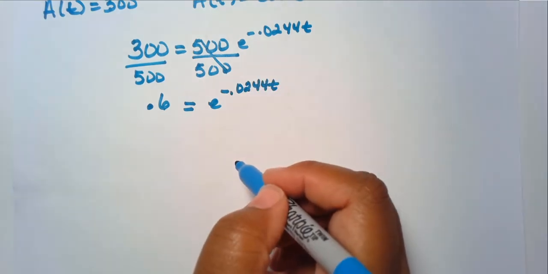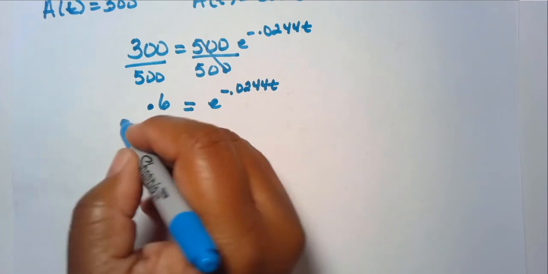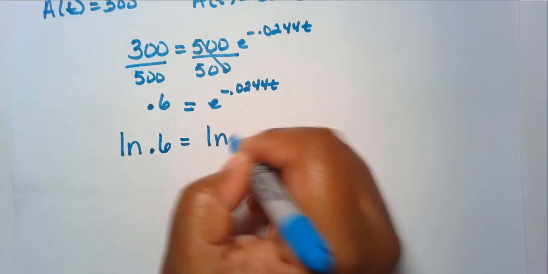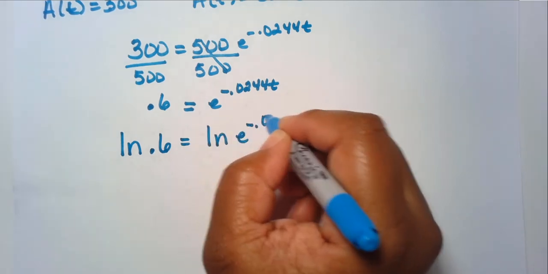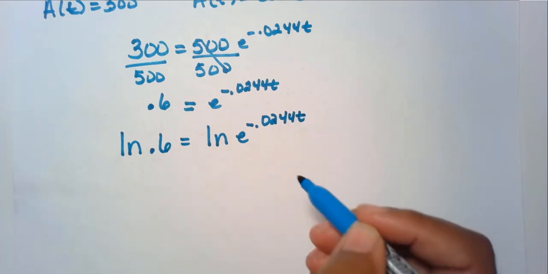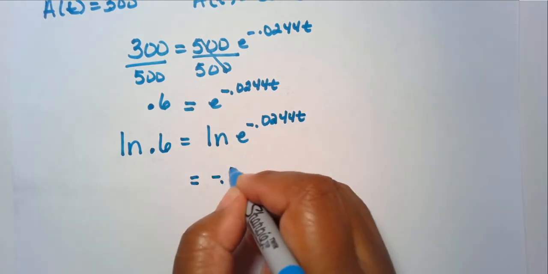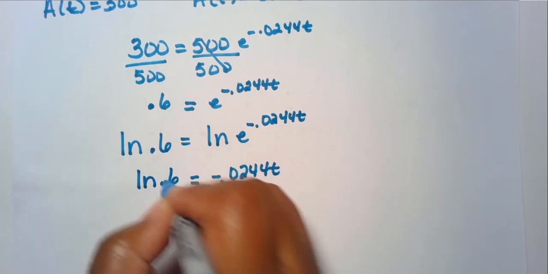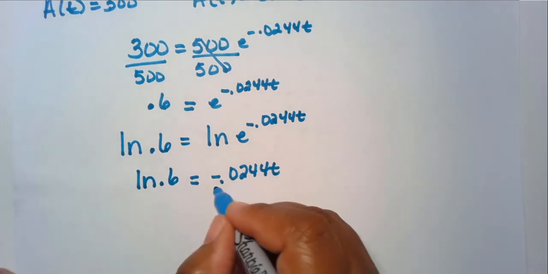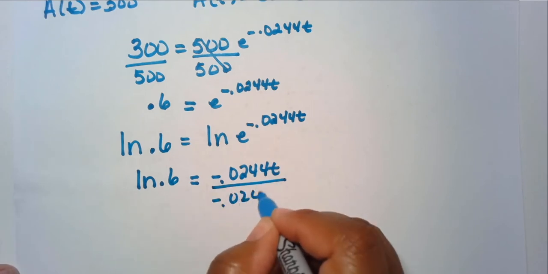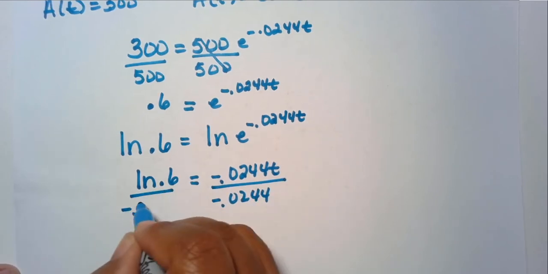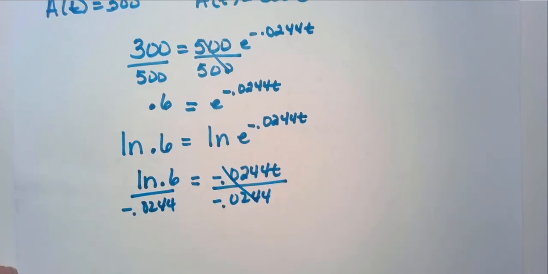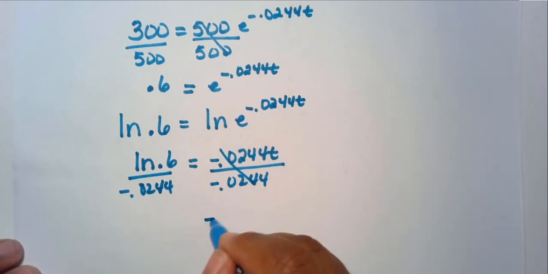And solving for t, we're going to take the natural log of both sides. The right hand side is negative 0.0244 t, which is equal to ln of 0.6. We're going to divide by negative 0.0244 on both sides.